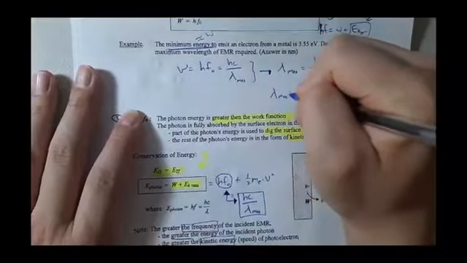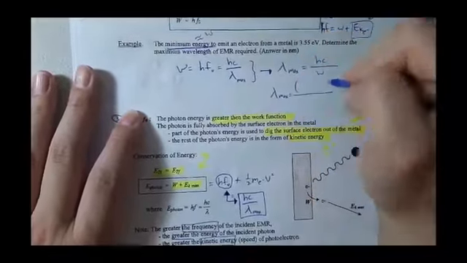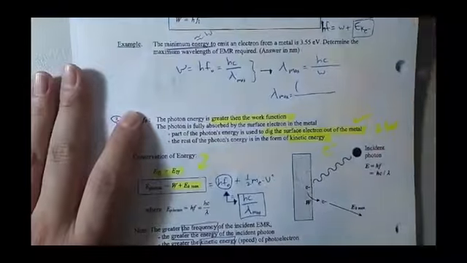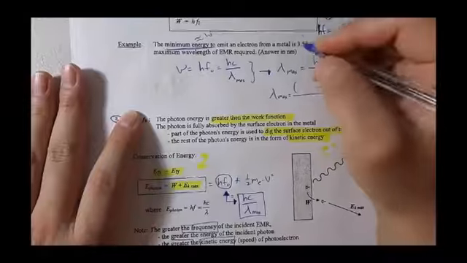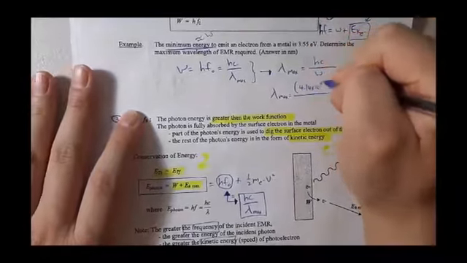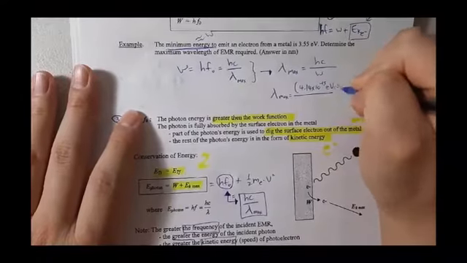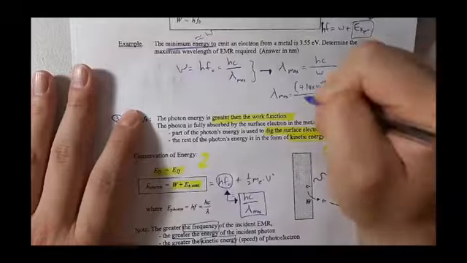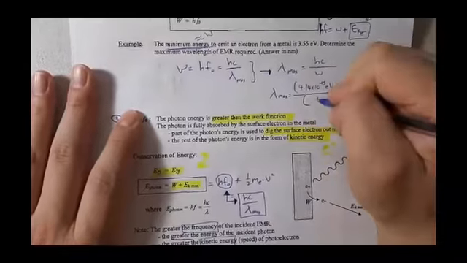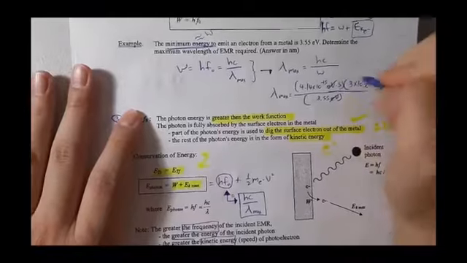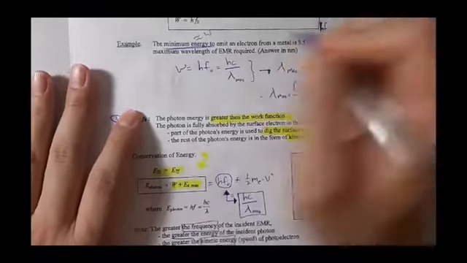Now you can use the other form of h, if you will, instead of joule: 4.14 times 10 to the power of negative 15 eV·s, c is 3 times 10 to the power of 8 meter per second, and W, my work function, 3.55 eV. So eV cancels, second cancels, and I have my lambda.